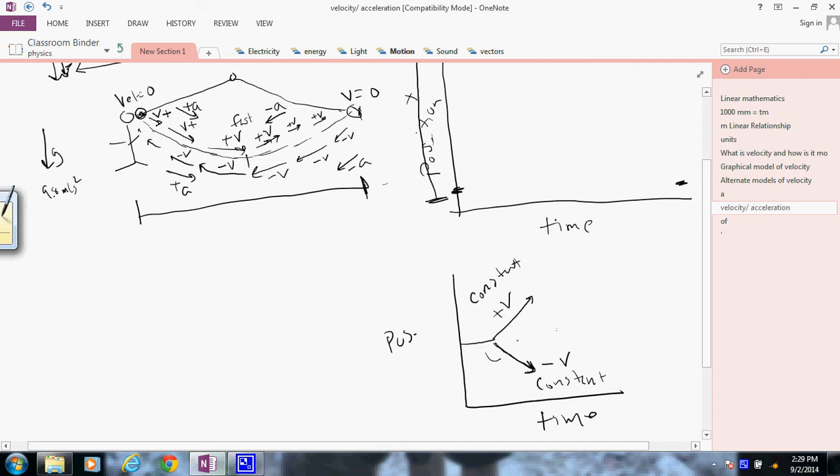Now, I could have something that's traveling like this. That is something that is accelerating. My speed is different everywhere along here, and I'm increasing in speed. This is a positive acceleration, as opposed to something that is looking like this, which is a negative acceleration. So keep that in mind.